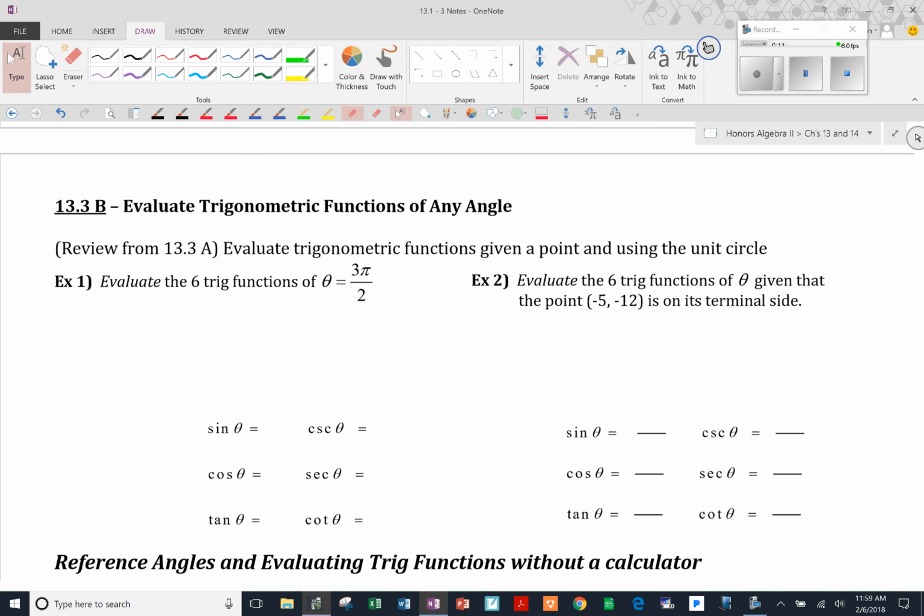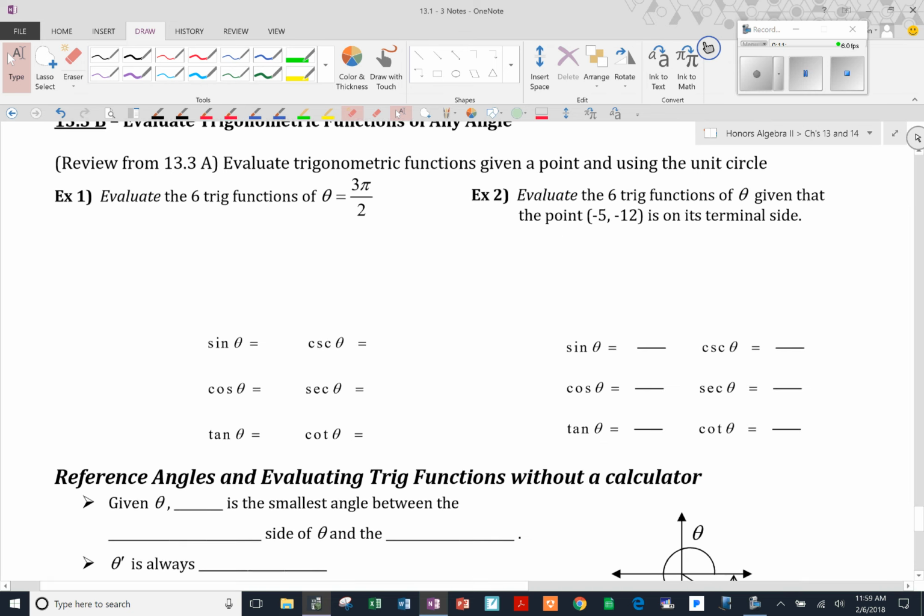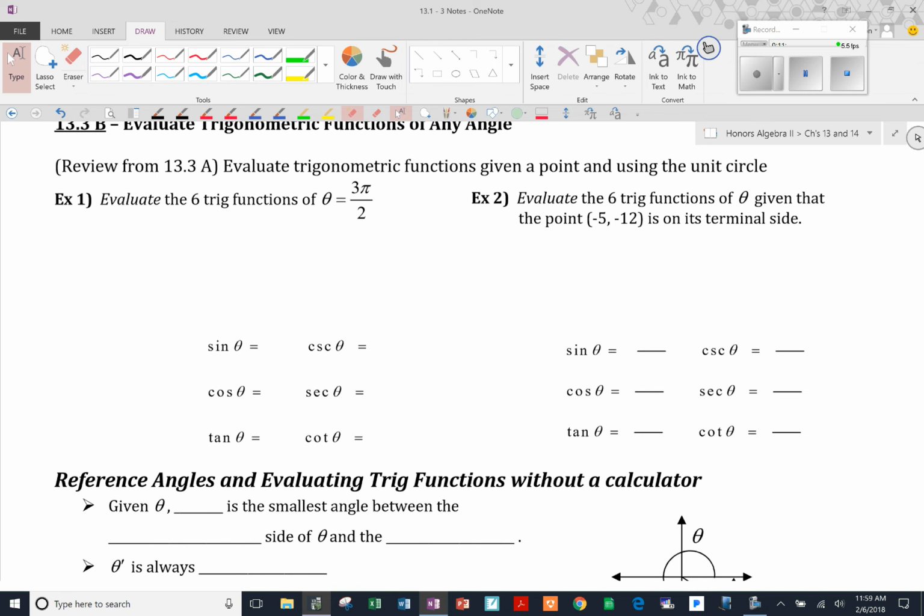Okay. The next two examples are repeat examples of what we just did. All right. Try those. Example 1 is kind of like what we just did, and example 2 is like the one that we did before.